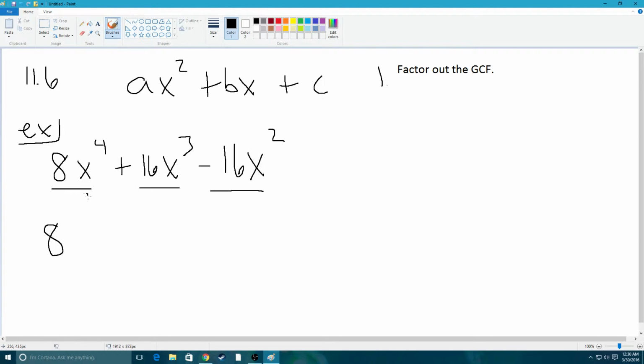And since you have an x to the 4th, an x to the 3rd, and an x squared, they all have an x squared that we can take out. So what we're going to be left with in the middle is 8x to the 4th divided by 8x squared, which just leaves us with an x squared. 16 divided by 8 is going to give us 2x.